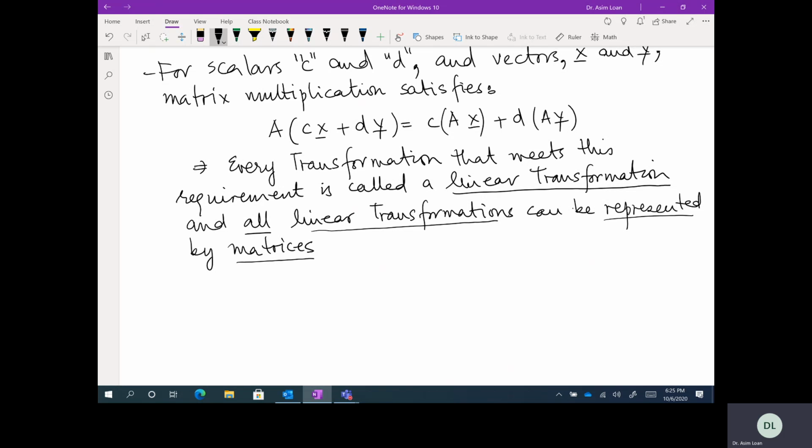So this is what we want to do. We want to specify stretching, rotation, reflection, projection. How do we represent these transformations through a matrix? So let's start with the first one, stretching.